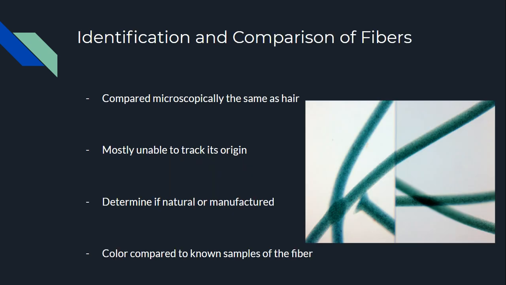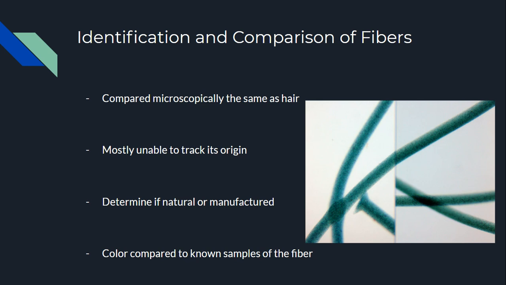When you're identifying and comparing fibers, you would set it up microscopically like you would hair, but you want to start by identifying whether it is synthetic, manufactured, or natural. That's the most common starting place, because we actually have some synthetic fibers that are now also natural fibers. Silk is the most common example of this.